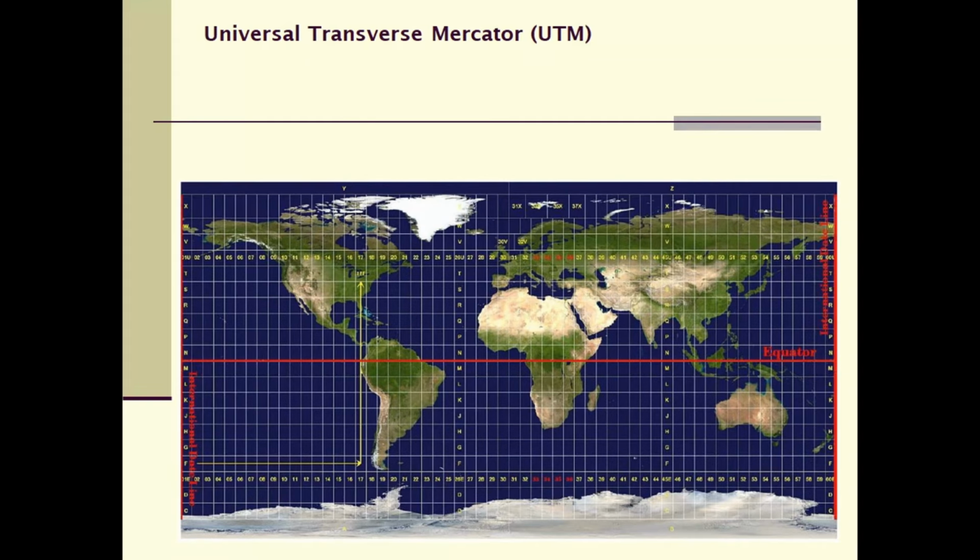Now what is UTM? UTM stands for Universal Transverse Mercator. In UTM the whole earth is divided into 60 strips, and each strip has a different mathematical formula.